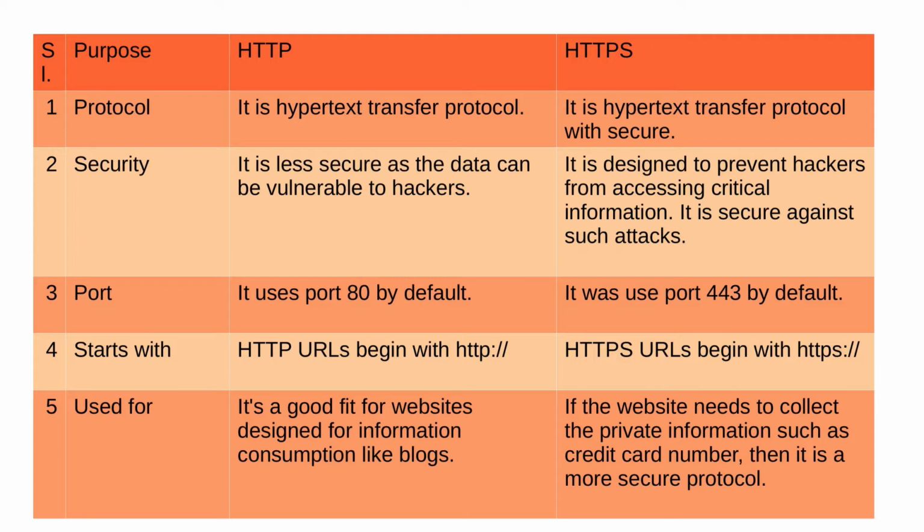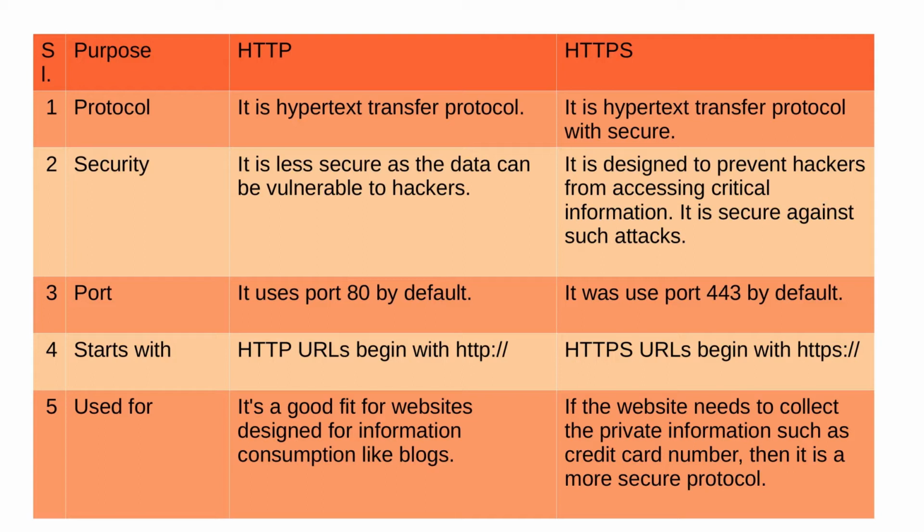In terms of security, HTTP is less secure as the data can be vulnerable to hackers, whereas HTTPS is designed to prevent hackers from accessing critical information. It is secure against such attacks. In terms of port, HTTP uses port 80 by default, whereas HTTPS uses port 443 by default.